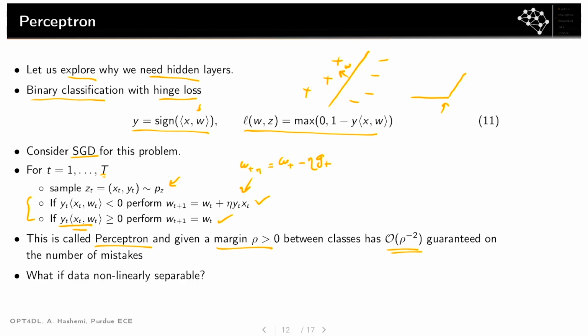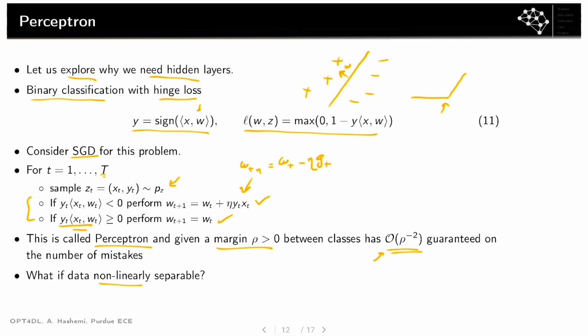But the question arises here: what if the data is non-linearly separable? Can we still use this idea or not? And the answer is no, right? As we can see here, the performance highly depends on linear separability and also a non-negligible margin between the two classes.